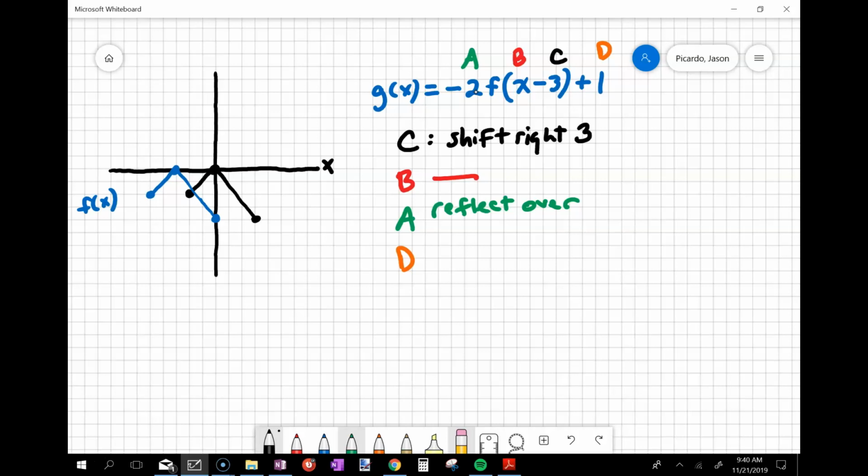So I'm going to reflect over the x-axis. And I heard it. We're also going to what? We're also going to stretch it by a factor of 2.